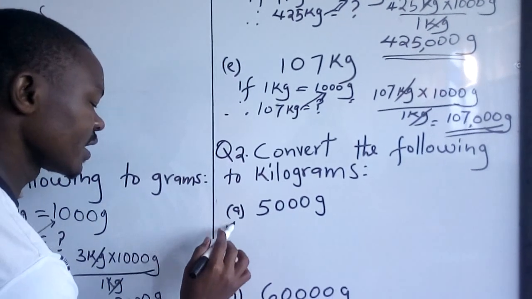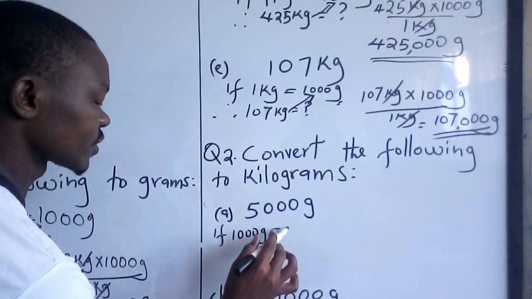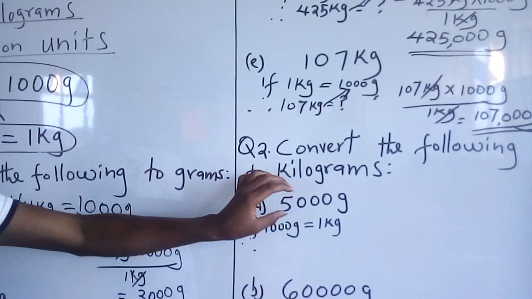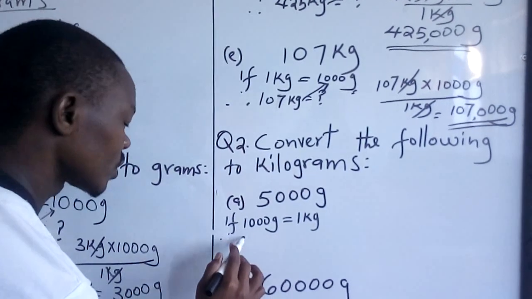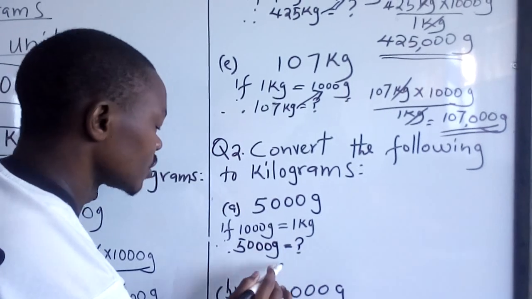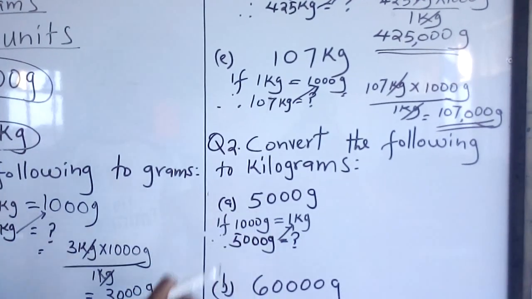So you say if 1000 grams is equal to 1 kilogram, what about the quantity that you've been given here? What about 5000 grams will be what? So here again we cross multiply by this and then we divide by this.